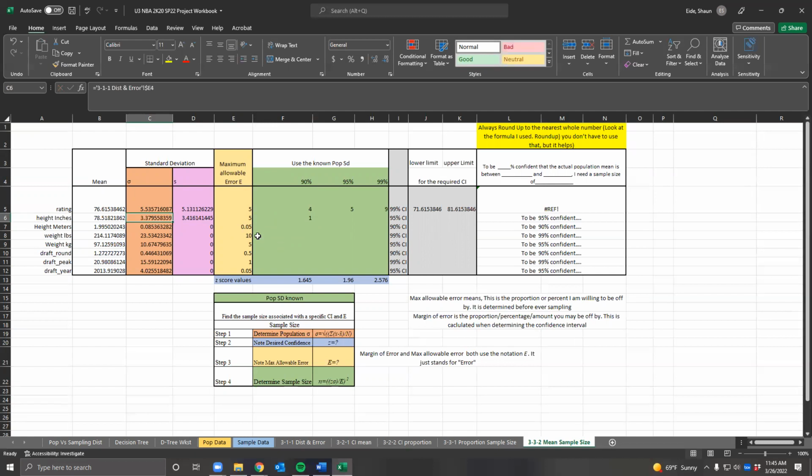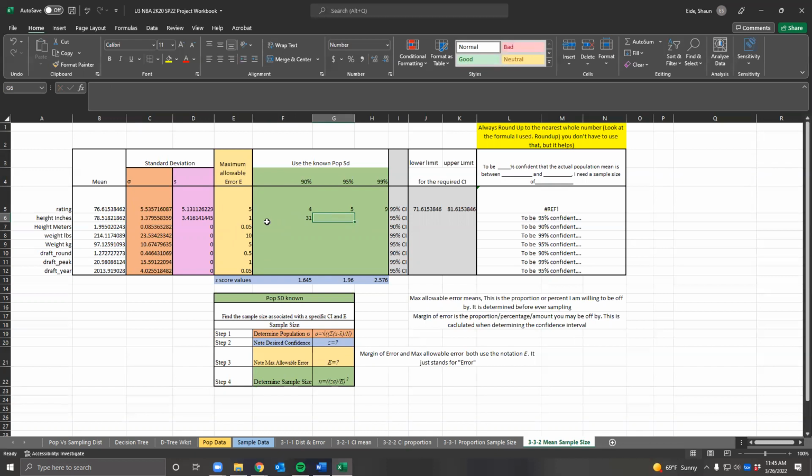I should have made the maximum allowable error smaller. If I had done a maximum allowable error of 1 instead, then that increases the sample size and is much more accurate. So I'm going to change it to 1 for the rest of these, so you get something more appropriate.